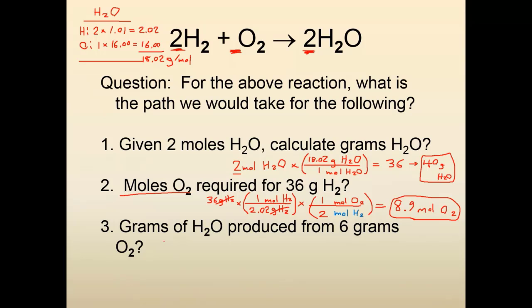So this is going to be, if I want to get from O2 to H2O, remember the only way to get from one substance to a different substance is with a mole to mole ratio.